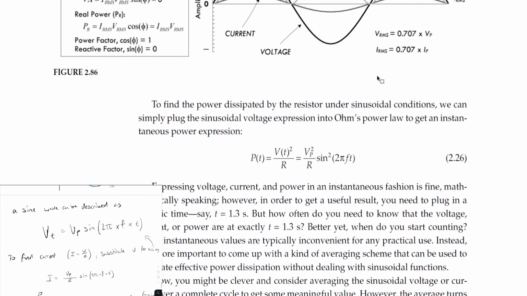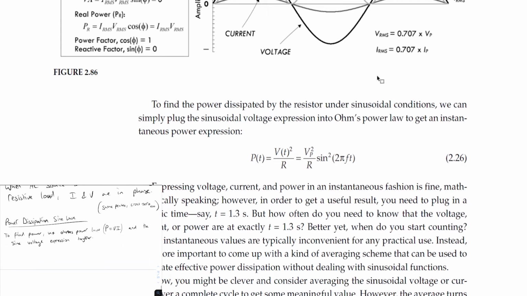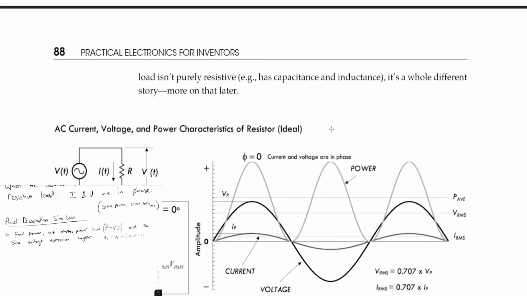Okay, so this is the voltage expression, right? So what I want to know is why we're replacing I with V over R. Okay, so this looks like what we did here.